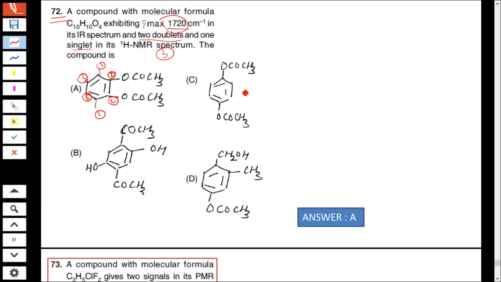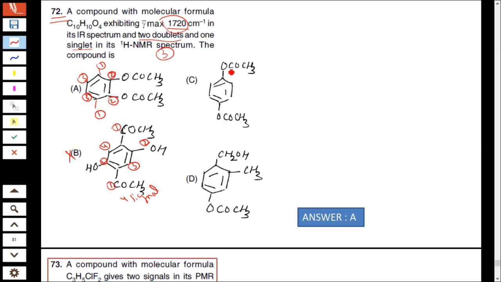Whereas compound B gives 4 signals: 1, 2, 3, 4. Hence, B was ruled out.